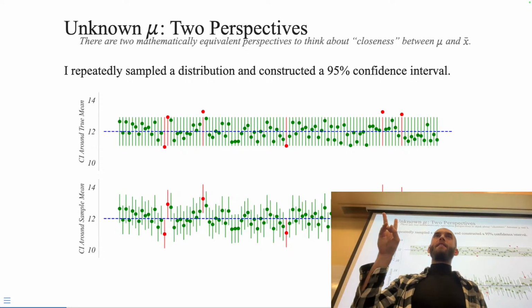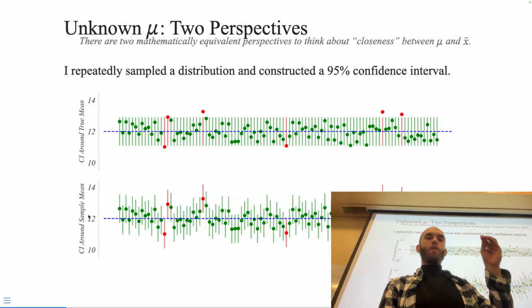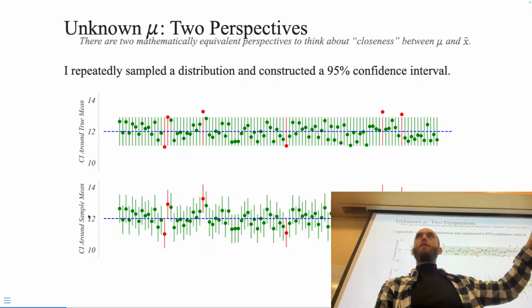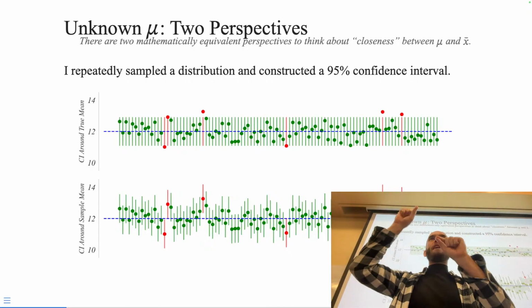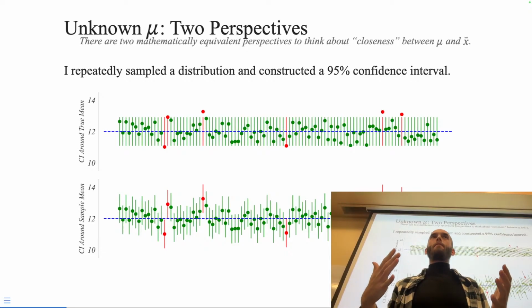But second, let me show you the line below. Instead of centering the confidence interval around the truth, what I'm doing in the second row is centering the confidence interval around the sample mean. So these are the same confidence intervals, just centered on the sample mean instead of the population mean.